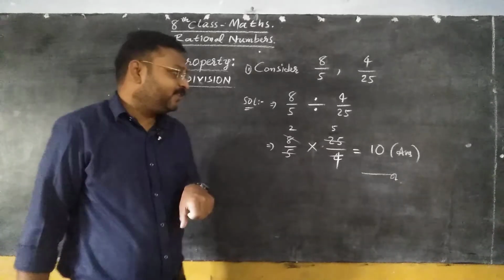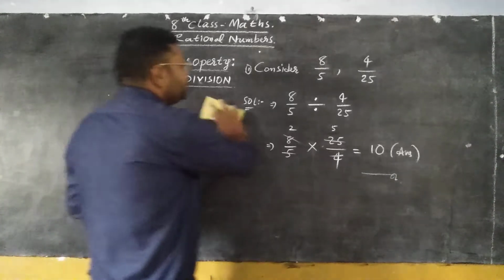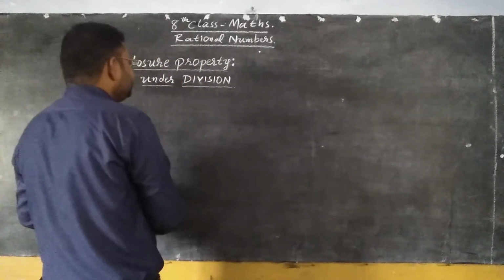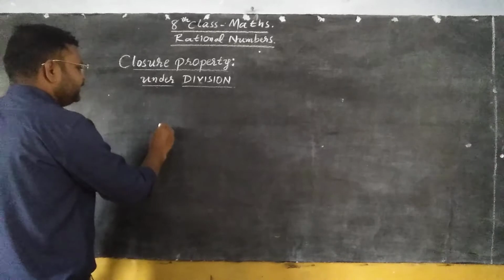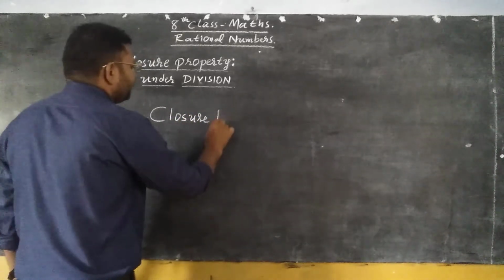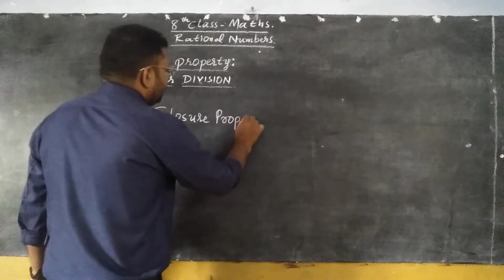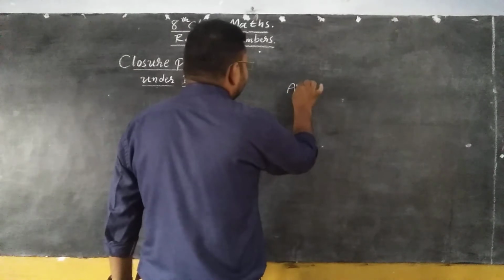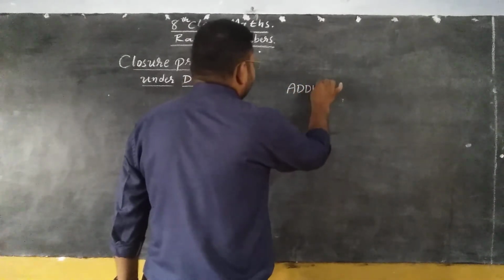Do remember everyone, for this we are going to draw one table. Closure property: what about under addition?